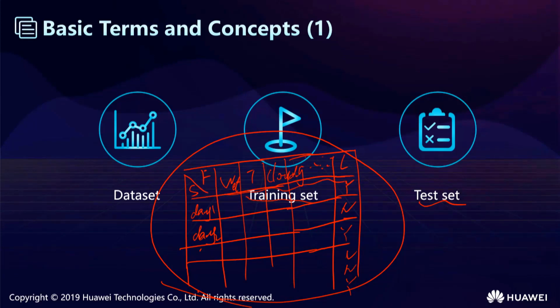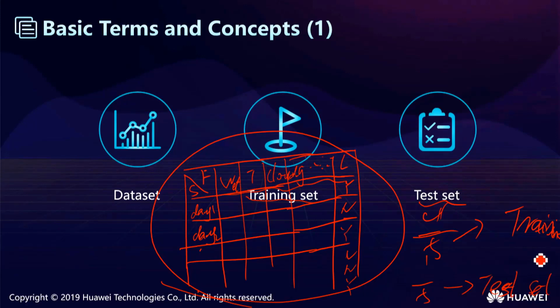We split the data, maybe 4/5 as the training data and 1/5 as the test data to test our models. So that is the data set, training set, and test set, and how to split it.